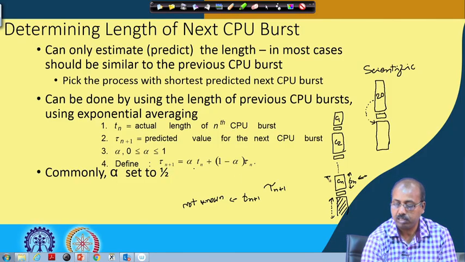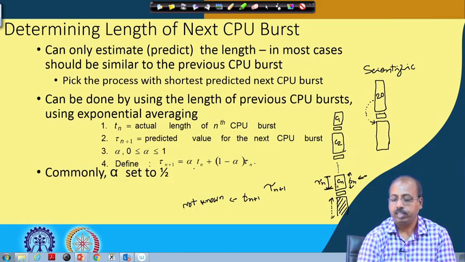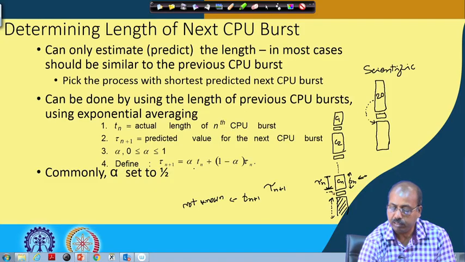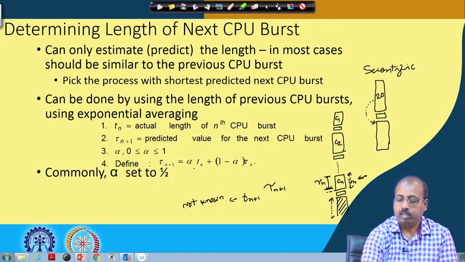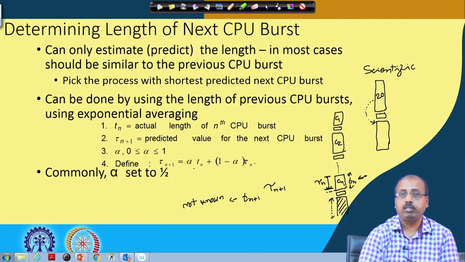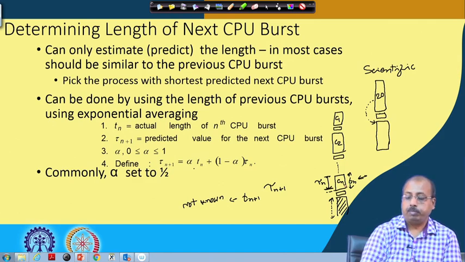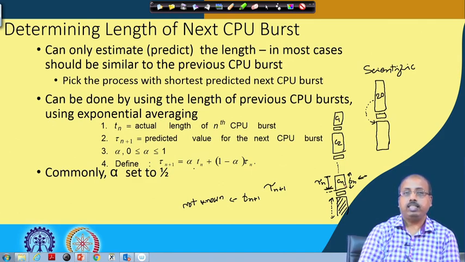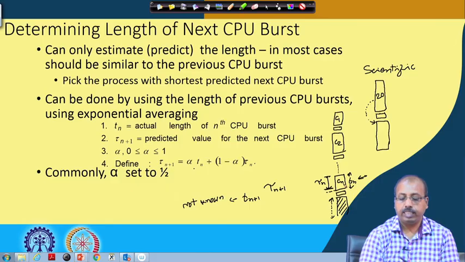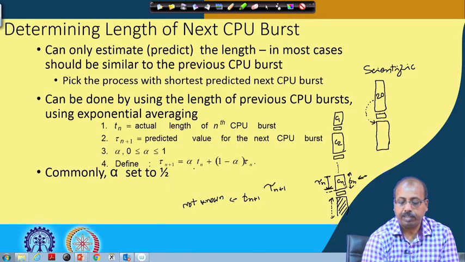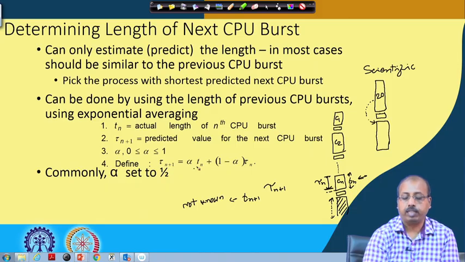Suppose this burst was predicted like this, so that was the value of tau n, and it actually executed for this T n. So, for this nth CPU burst, the prediction was tau n and its actual execution was T n. We try to take an average of these two. So, this is alpha times T n plus 1 minus alpha times tau n.